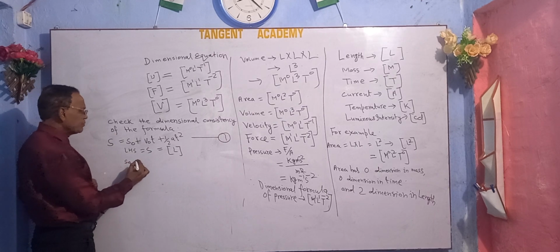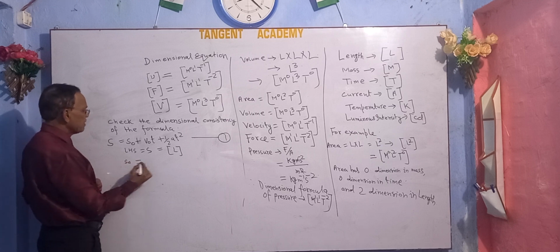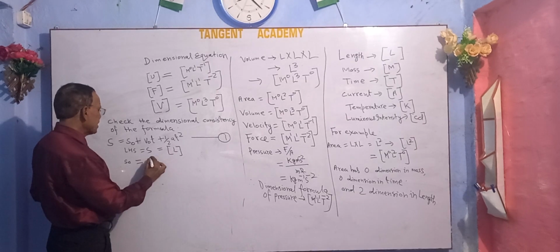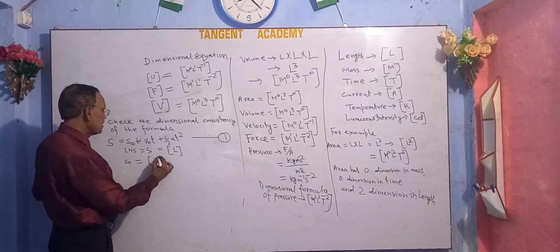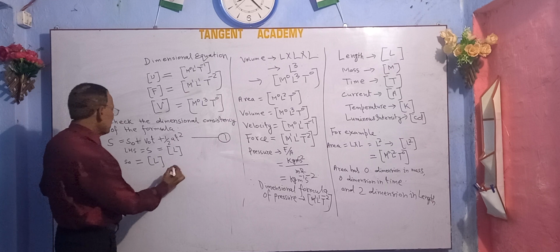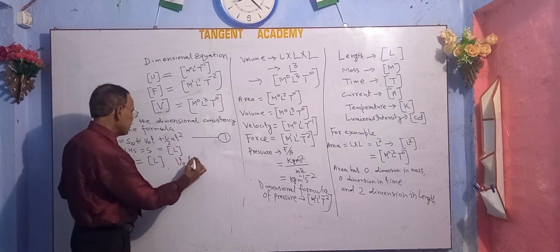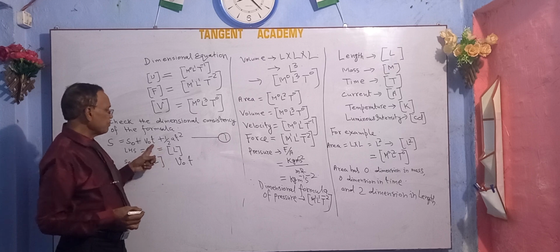From the right hand side, S naught is also distance, so its dimension will be L. V naught T is initial velocity into time.